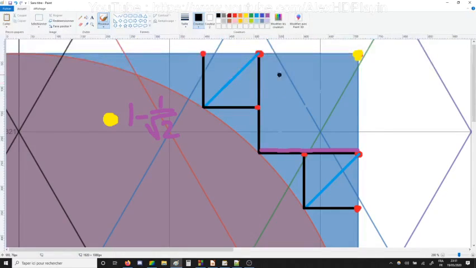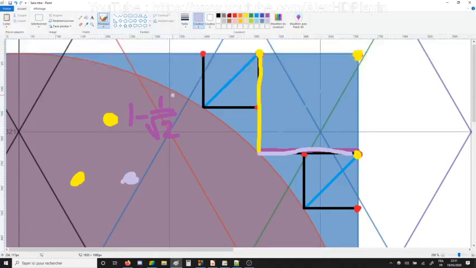Okay, and then I'm gonna take this one and this one, which are generated from this square here. So I do that, and then I do that and do that. So I'm gonna take this one, this one, and this one, okay?